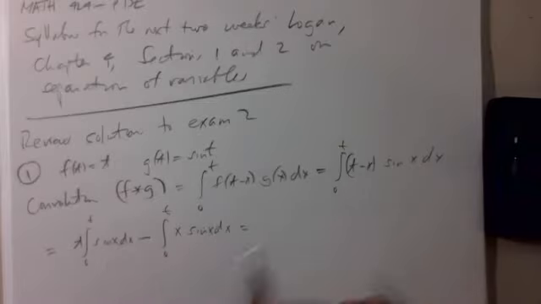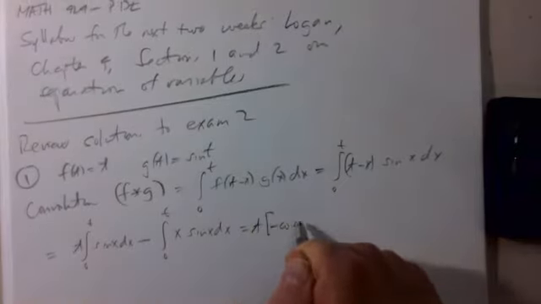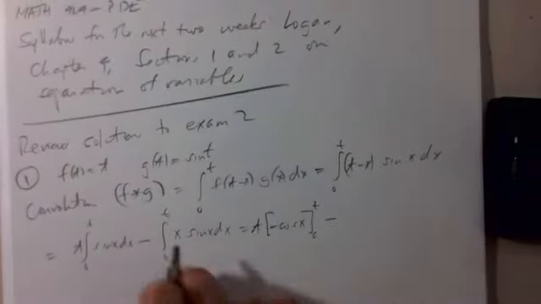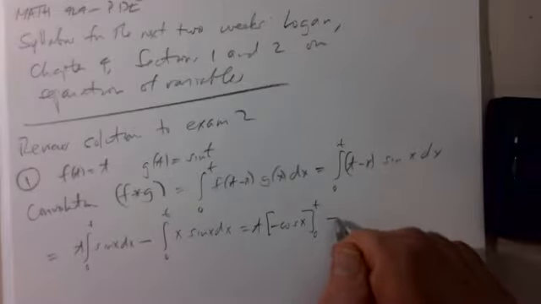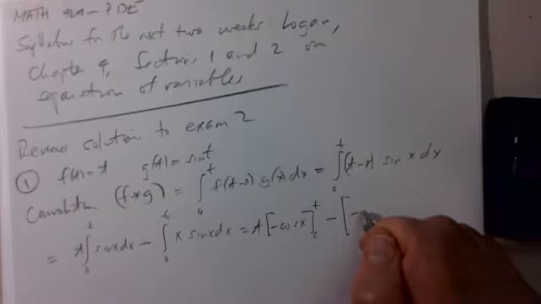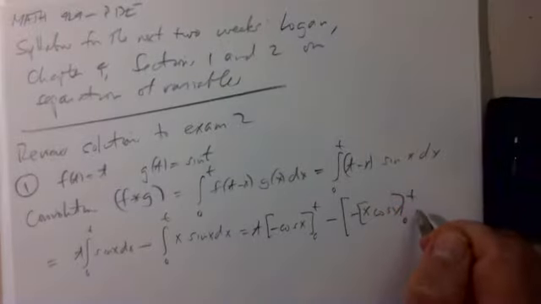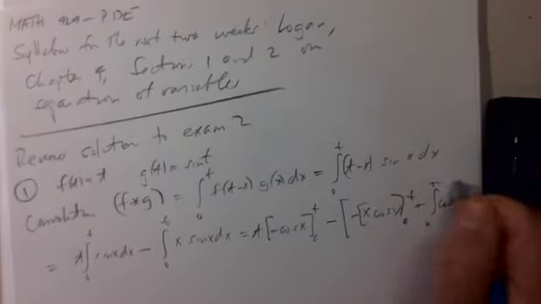The integral of the sine is minus the cosine. So this is t times minus cosine x evaluated from 0 to t. And you do the integral of x sine x, that's integration by parts. So this is minus x cosine x evaluated from 0 to t, plus the integral of the cosine from 0 to t.